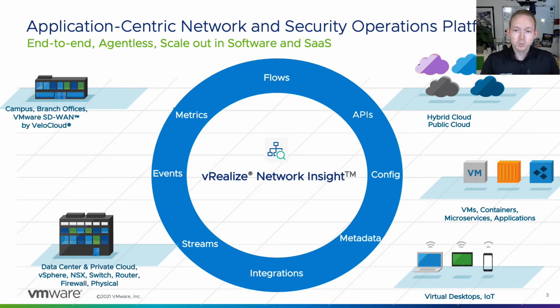So it's one place for everything, meaning the cloud, hybrid or public cloud. If you have native AWS or Azure, or maybe VMware Cloud on AWS as a hybrid cloud, it pulls in all of the networking and security data from there.